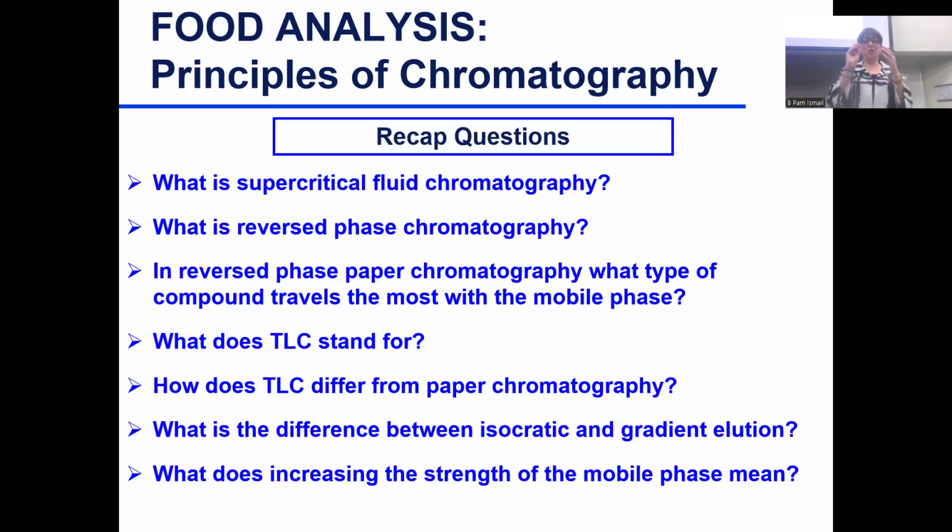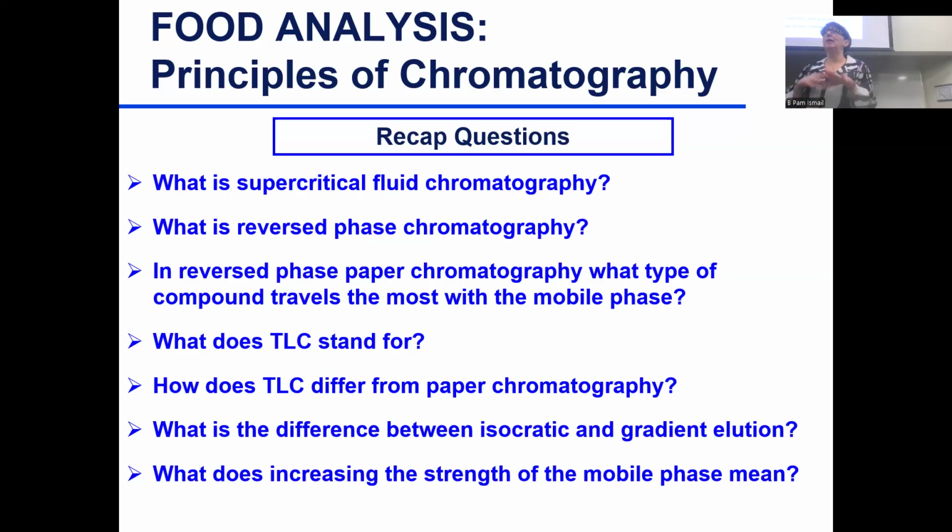The particles are not as finely distributed as in silica, for example. Silica gel is made up of finely powdered or finely ground particles.